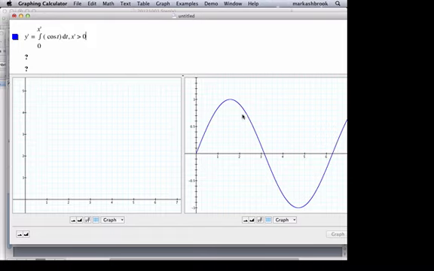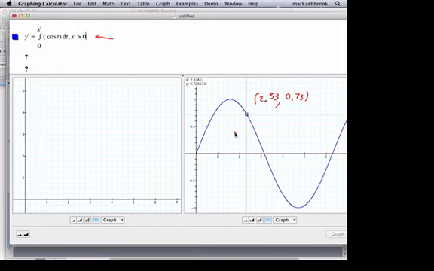And I'm going to pick a point. So here's the expression that I'm graphing, and here's a point on that graph. This is 2.33 and 0.73, the coordinates of that point right there.